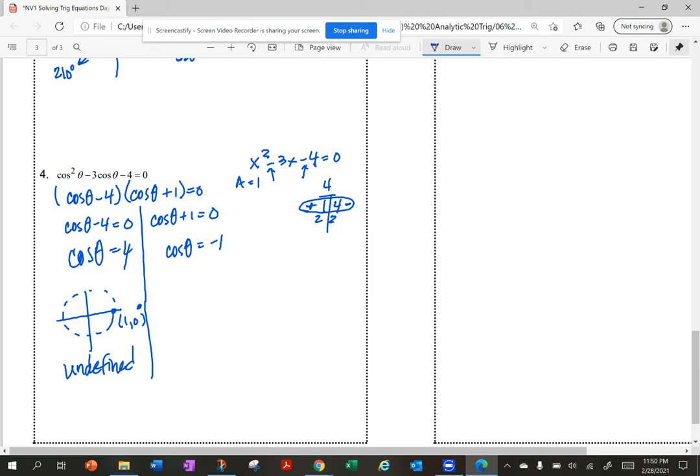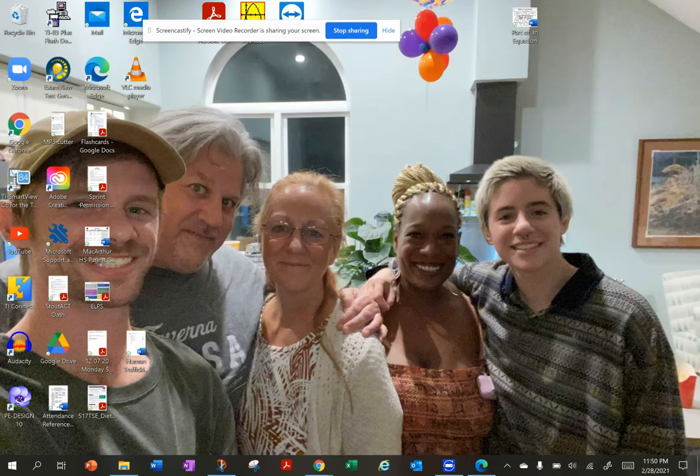And then where is cosine, the x value, -1? This is at -1, 0, so that's at theta equals 180 degrees. So theta equals 180 degrees is my only answer.